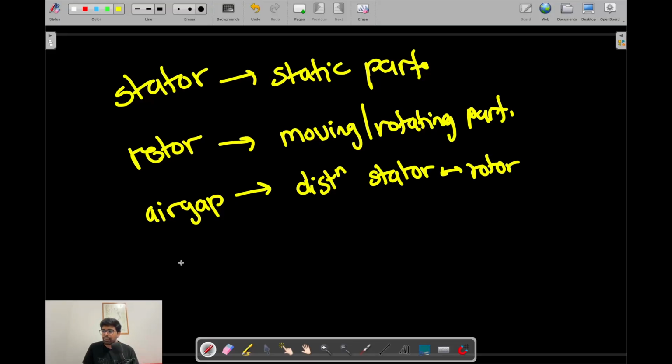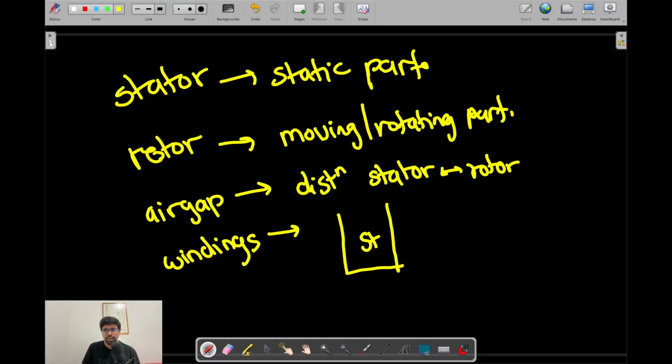And then you have windings. Windings are basically the coils that are on the stator poles. If you remember, while mentioning the working principle, I said there is a stator.